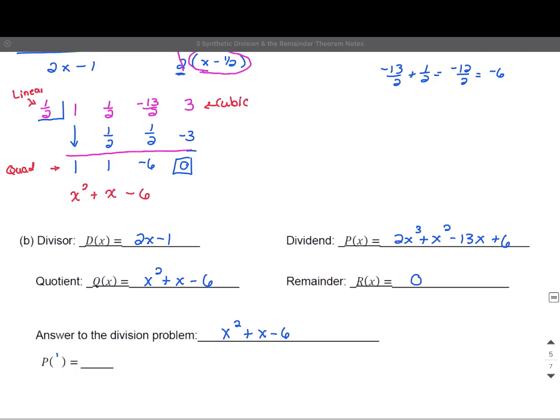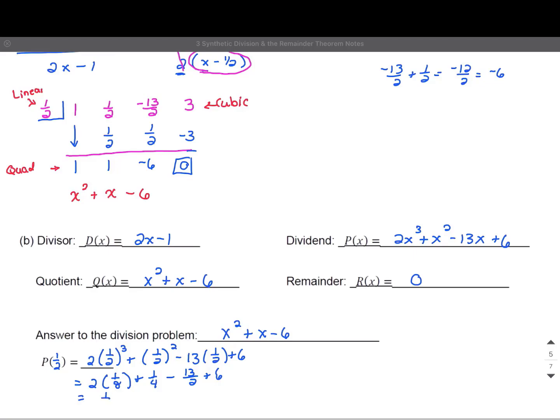I want you to take 1/2 and plug it into our dividend again. So this time we're doing 2 times 1/2 cubed plus 1/2 squared minus 13 times 1/2 plus 6. Now you can whip out a calculator if you want. Or 2 times 1/8 plus 1/4 minus 13/2 plus 6.